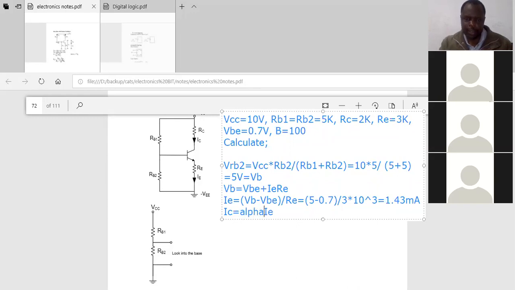I don't know how we can represent alpha anyway, but for now let's use that. And please note that alpha is supposed to be beta divided by 1 plus beta, times IE.